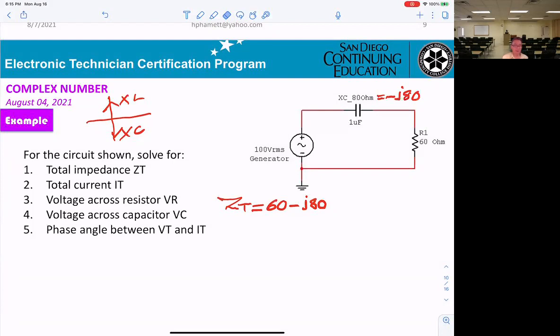I'm trying to teach you that we can use complex numbers to solve this circuit. So that shows that you are representing total impedance in complex form. Right, using complex numbers. Okay, got it.